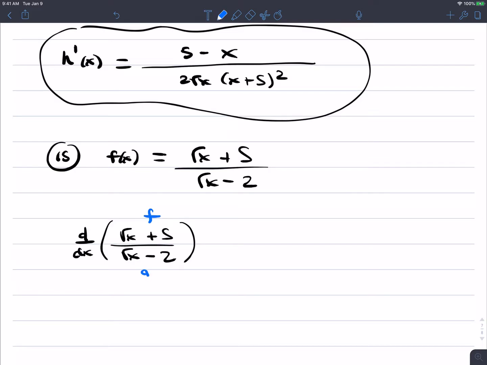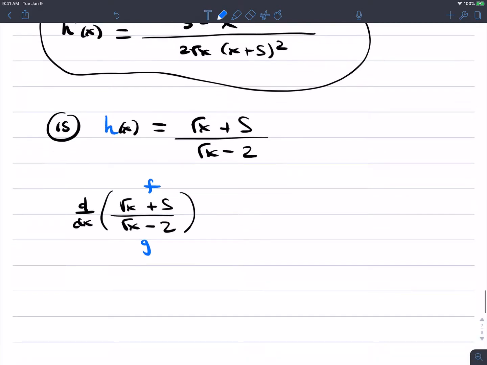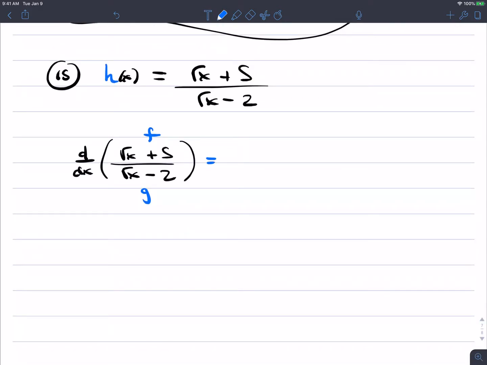Here's f, here's g. Is that the same f? The answer is no. There's an h. Now remember, you get g squared, g times f prime minus f times g prime.